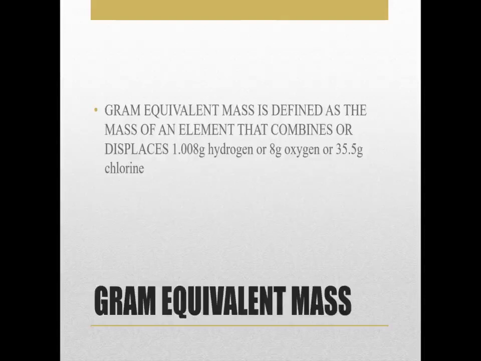Do we understand, children? This is gram equivalent mass. The gram equivalent mass has no unit, but gram equivalent mass has the unit gram equivalent minus 1, that is gram per equivalent.